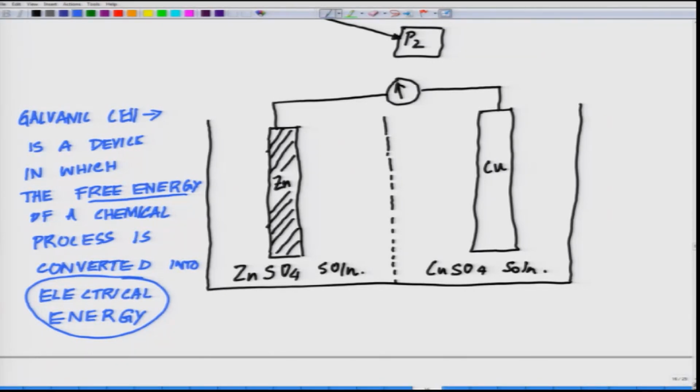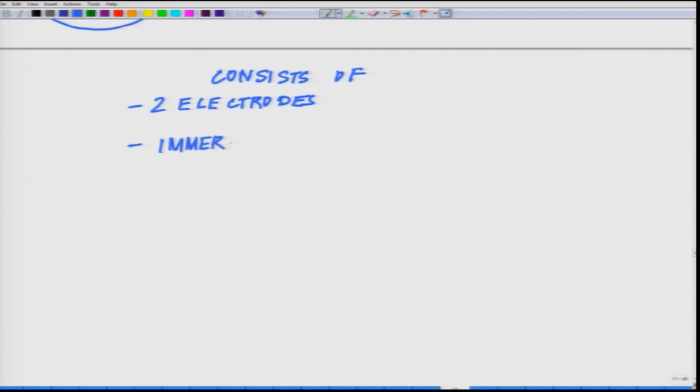Usually, such a cell consists of 2 electrodes, and these 2 electrodes are immersed in one or more suitable electrolytes. We will realize why one or more. At this point, we are talking about 2 different electrolytes.